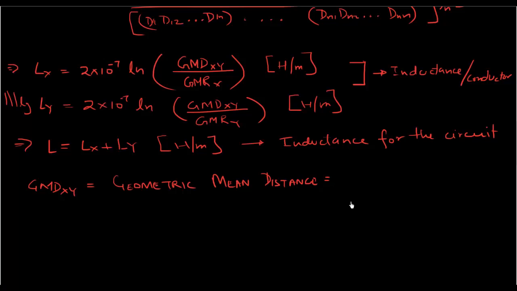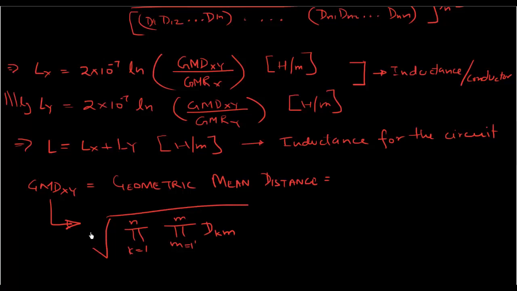This is equal to, let me write that, this is equal to product of k going from 1 to n, product of m going from 1 prime to m prime, dk of m, and the root of mn. This is also sometimes called mutual GMD.